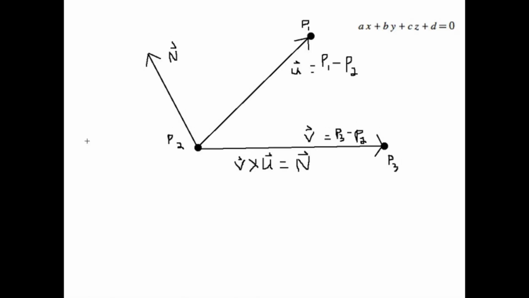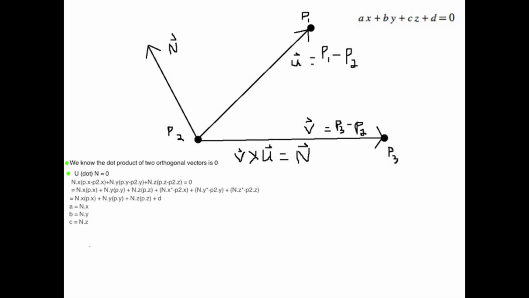At this point, we can look at the equation of the plane, ax plus by plus cz plus d is equal to 0, and note that it looks very similar to a dot product. And we know that the dot product of two orthogonal vectors is 0. So by taking the dot product of a normal vector and any vector that lies along the surface of the plane, then we can easily find out our coefficient d.